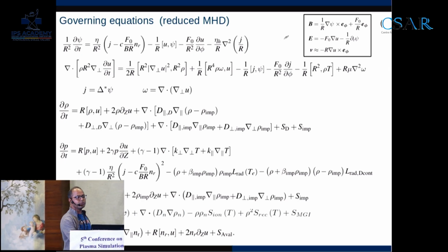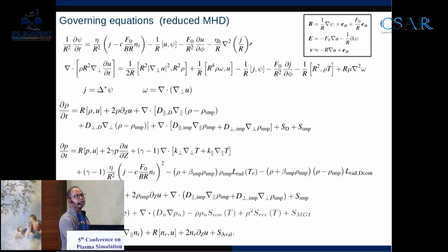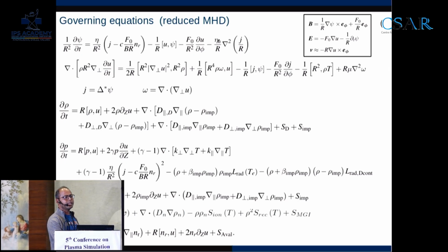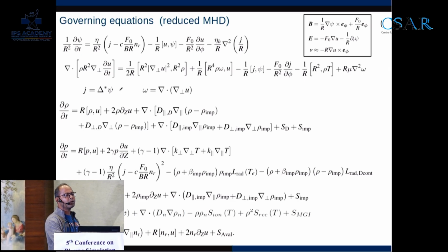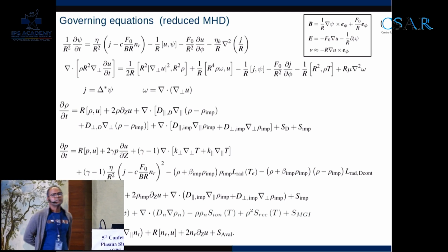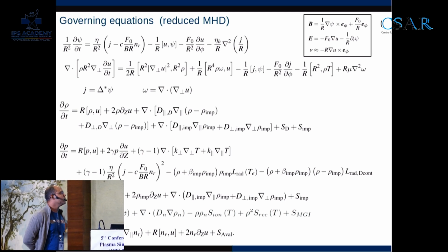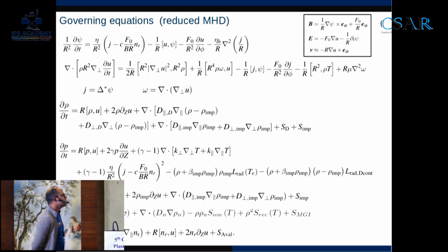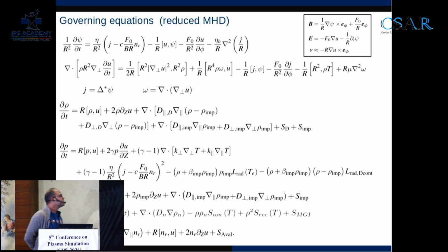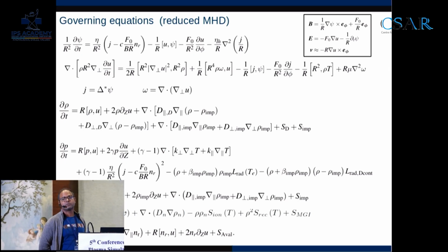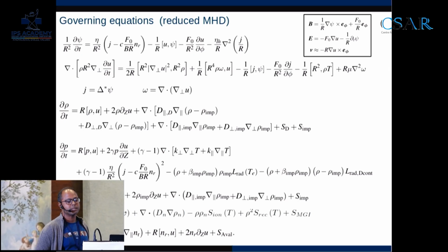The equations that you have, if I go through them quickly, are the uncurled Faraday's law, the vorticity equation that comes from the momentum equation, Ampere's law, several densities, that is the total density, impurity density, neutral density, etc., the thermal energy equation, as well as an equation for the transport of runaways. Runaways are subjected to parallel advection and diffusion, and on top of that, to the E cross B drift, and not only the avalanche source but also other primary sources are included.